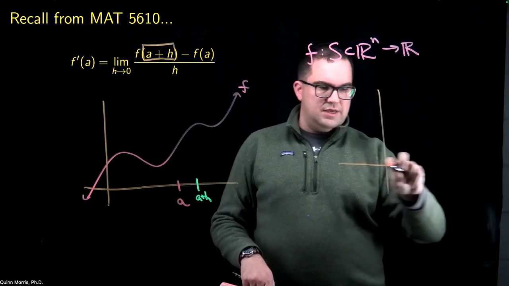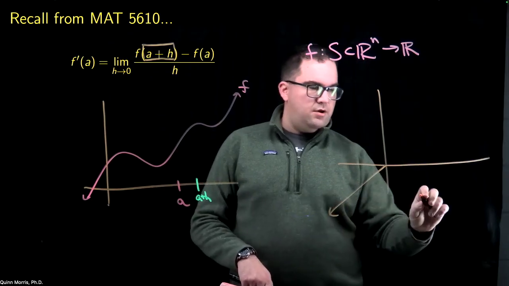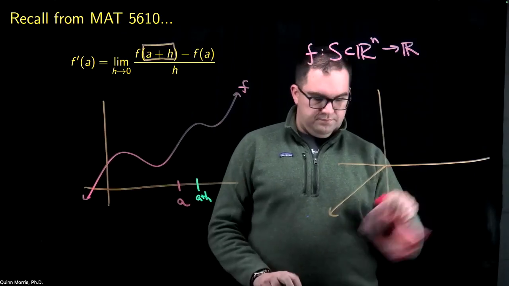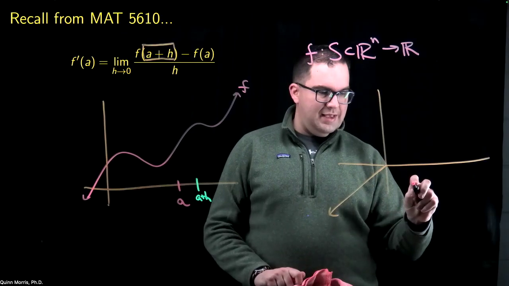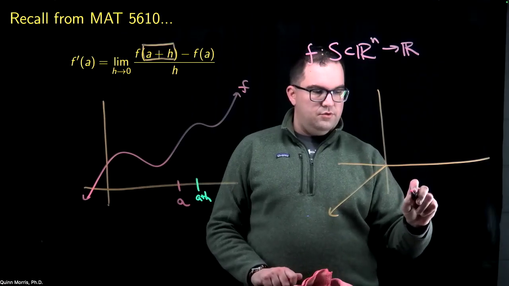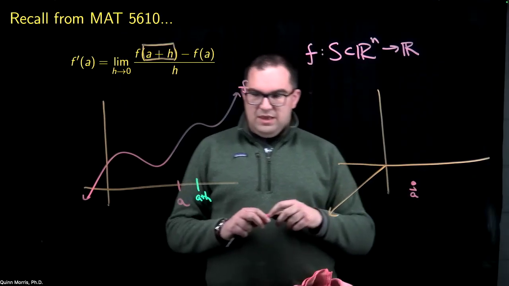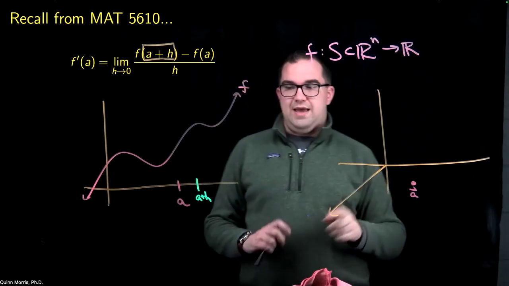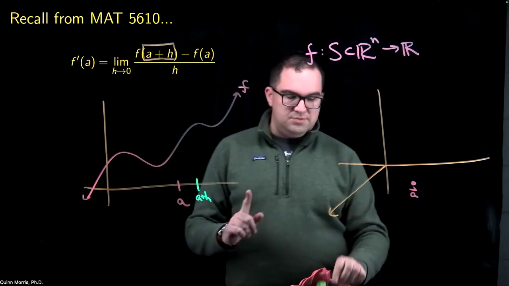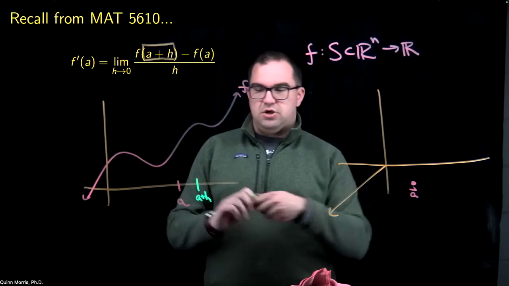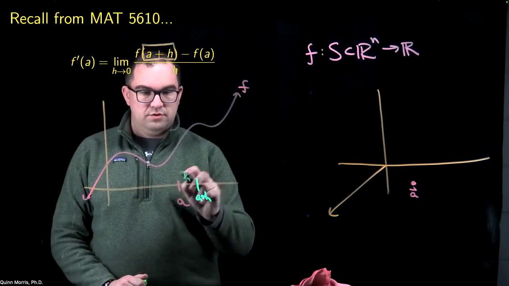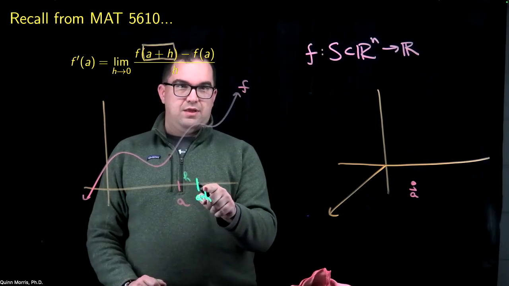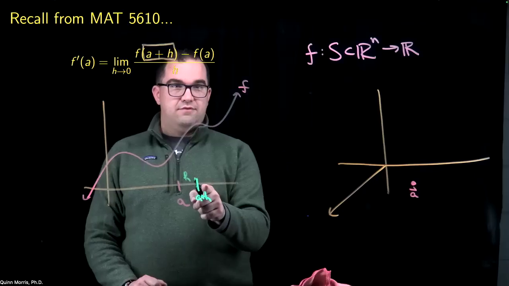Now, as we move up a dimension, imagine here's my point a, but now a is a vector. It has an x and a y coordinate, so this is my vector a. If I want to define a point that is close to but not equal to a, I can't do that just by using a scalar distance. Here, if h was positive, that immediately defined the point a plus h, which was to the right of a.